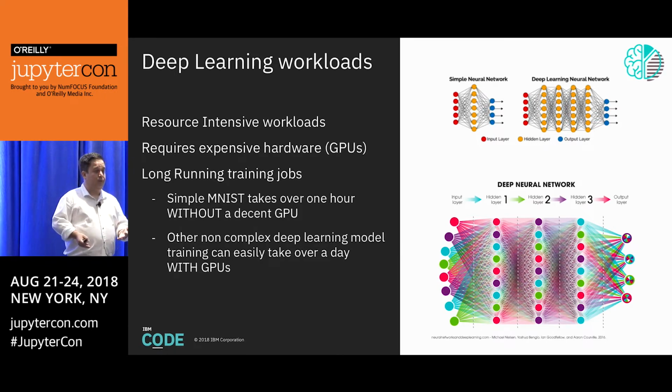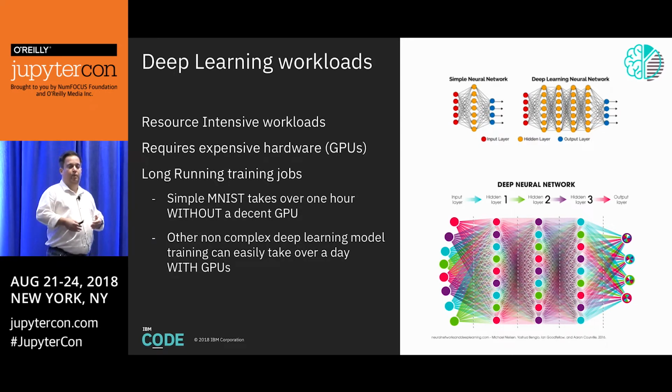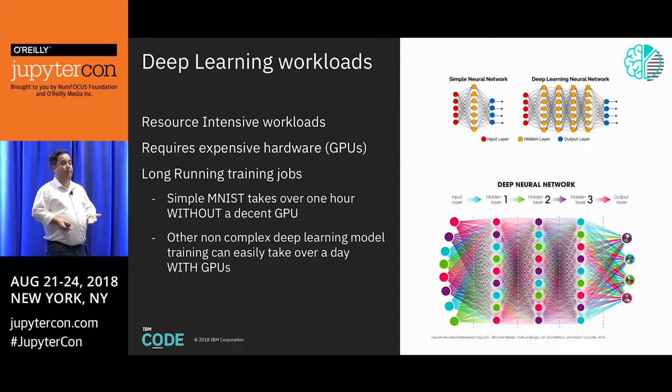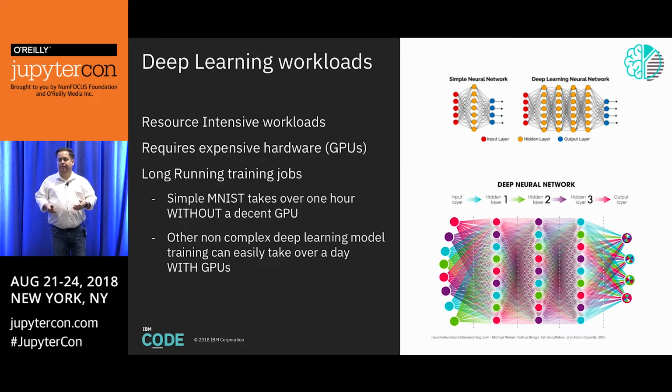If you don't have GPUs, that's the case. But what we do in the Code Center, where we train some of the models with GPUs and powerful hardware, it sometimes takes us 1 or 2 days just to get the basic model trained.